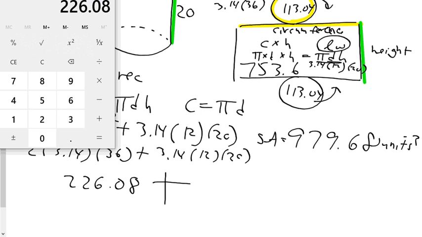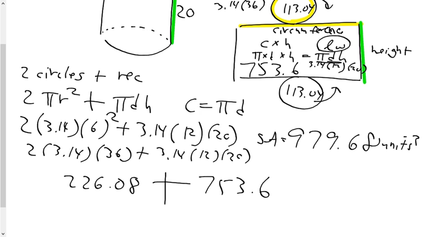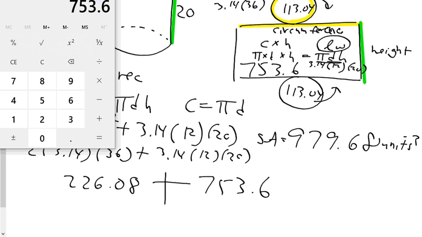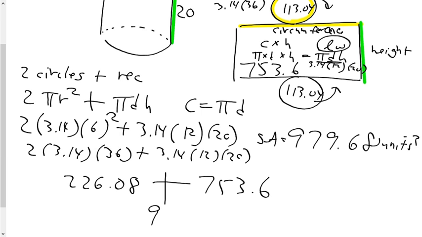Pi times 12 times 20 is 753.6. Add those together, and you should have, what did we have before? 979.68. 979.68 units squared.